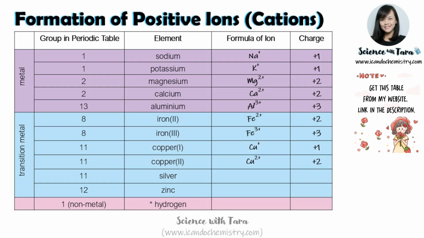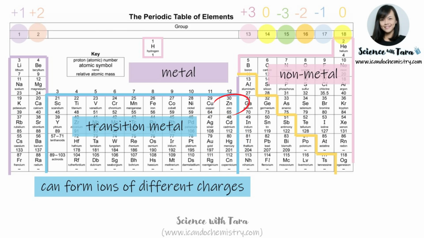There are some exceptions. Some transition metals usually form only one common ion. For example, zinc. Zinc ion mainly comes in charge of positive 2, hence its formula is Zn2+. For silver, the charge is mainly positive 1, hence it is Ag+.